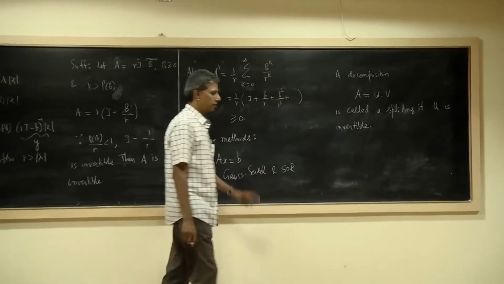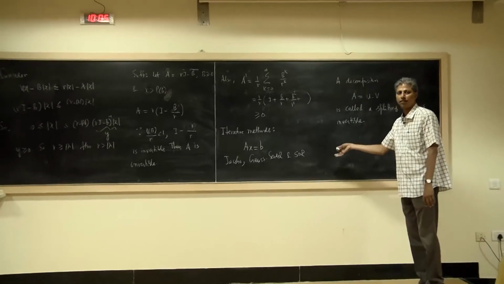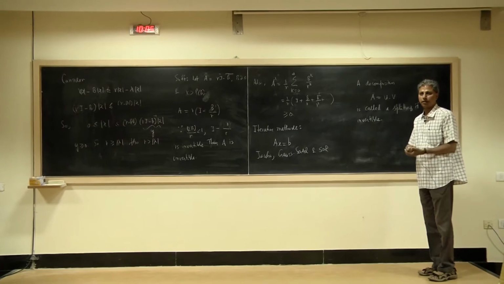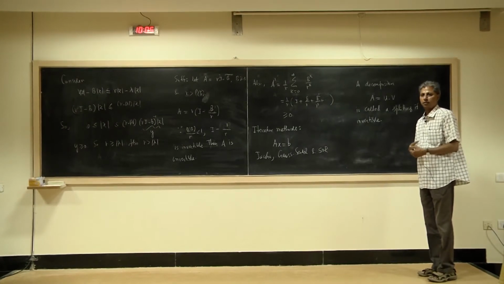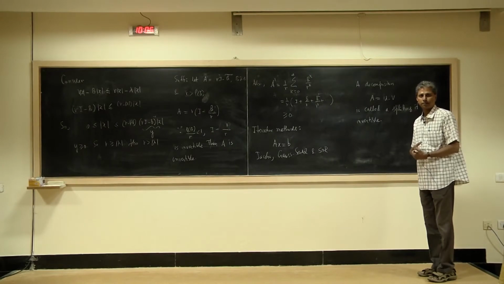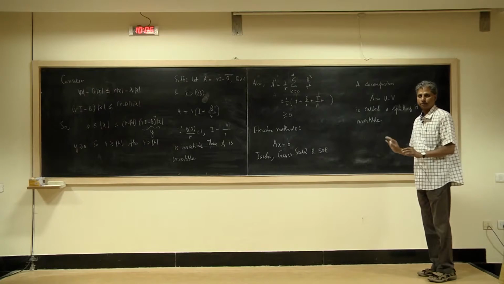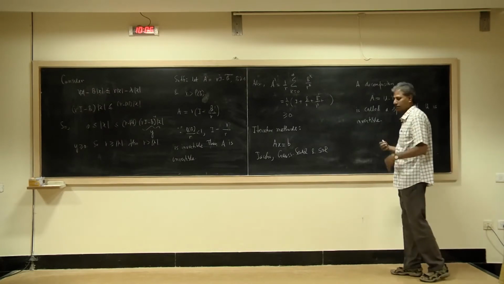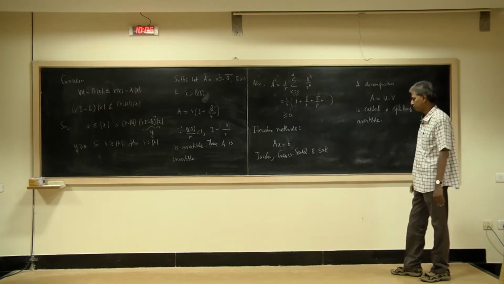Now, the splitting gives rise to a fixed point iteration. Any of the iterative methods has a basic principle that lies beneath it: Banach's contraction principle. We'll use that appropriately in this. So it's a fixed point theorem that gives rise to an iterative scheme.